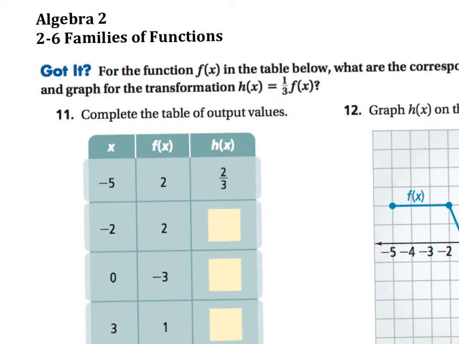Whatever number I got out right here, I just multiply it by 1/3. So in this case, if you divide this one by 3, then I get 2/3. If I divide this one by 3, because 1/3 is the same as dividing by 3, I get negative 1.